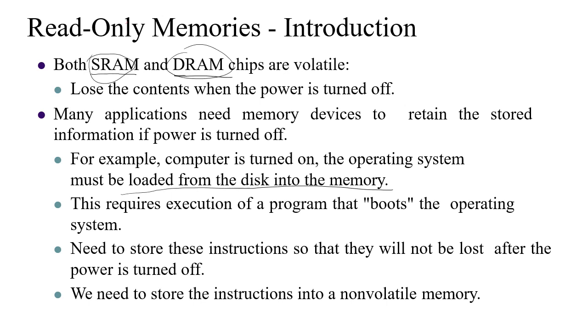From the memory, the programs are taken by the processor and executed. But if the programs are stored in volatile memory such as SRAM or DRAM, then when the power turns off, the program also gets erased, which is not practical. We cannot download or install the program each time the power goes off. That is not a practical thing.